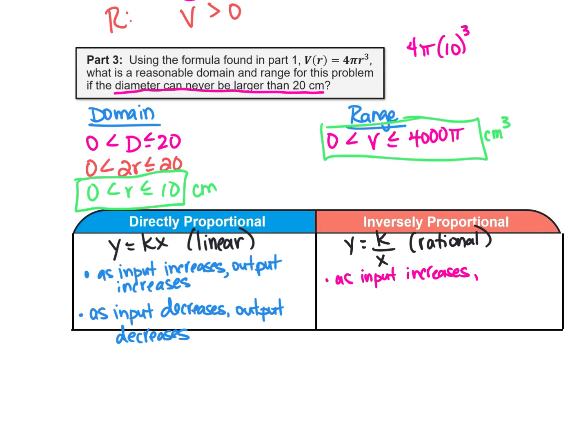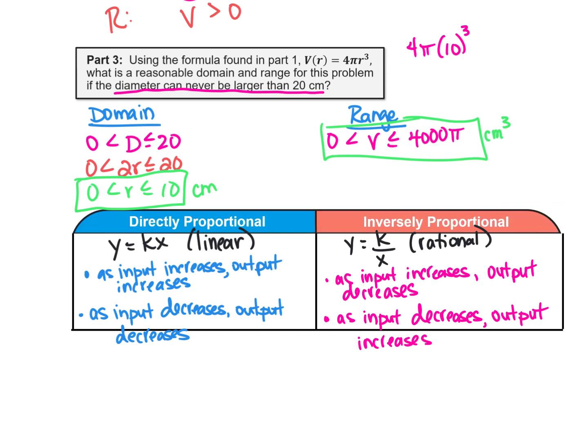Okay, so as my input increases, my output decreases. And that's the main difference between things being directly and inversely proportional. And then vice versa, as my input decreases, my output increases. Why is that important? I'm going to show you.